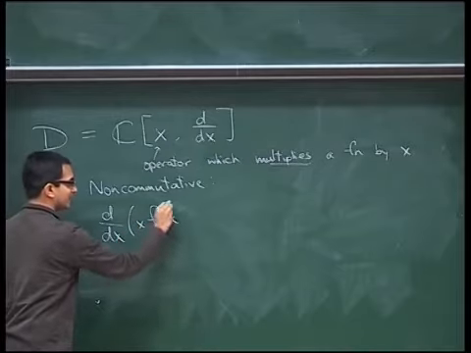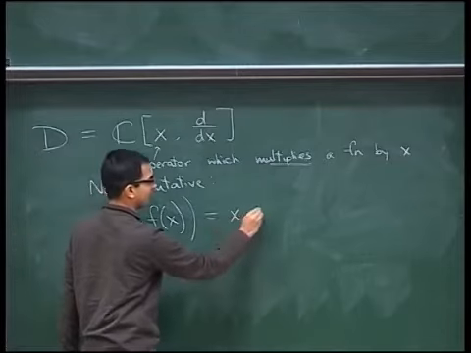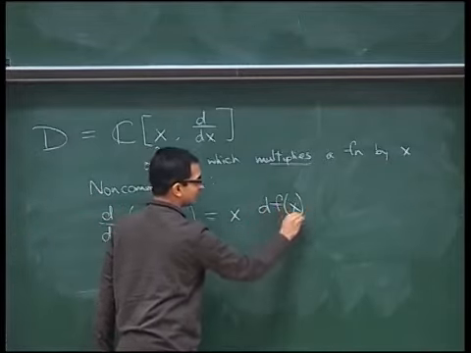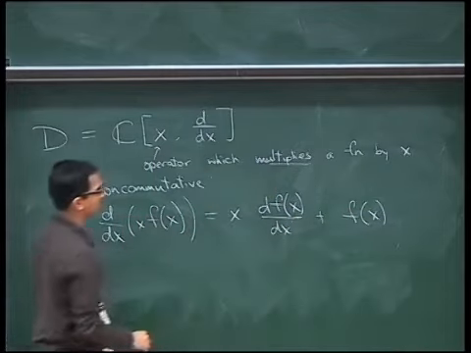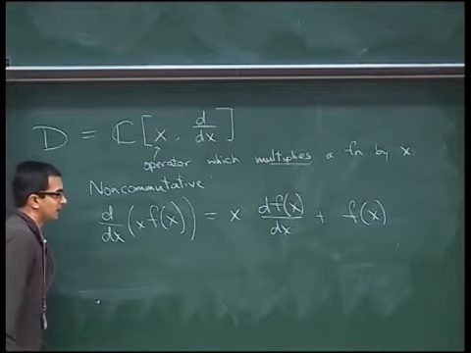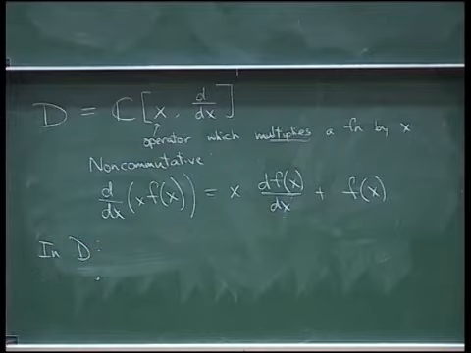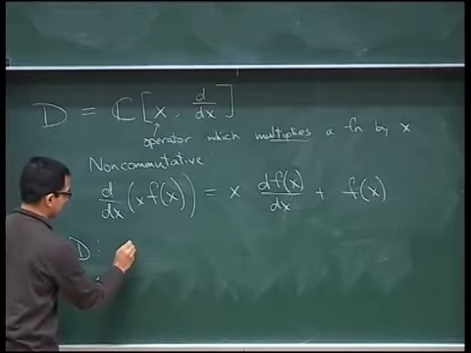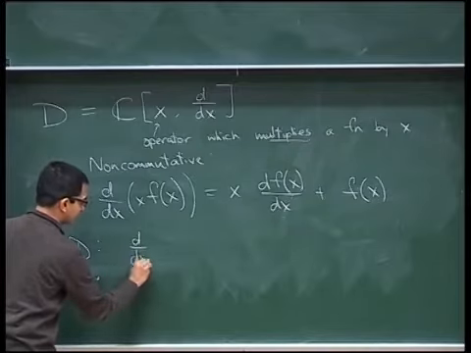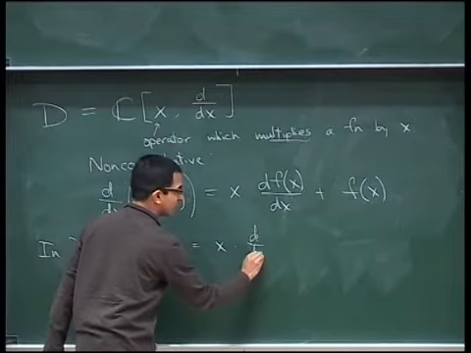If you take a function and multiply by x, and then take the derivative, that should be x times the derivative plus f of x. So in D, what I want to do is just erase all the f of x's from this equation. So in D, the commutation relation between these two elements that generate it is d by dx times x equals x times d by dx plus 1.